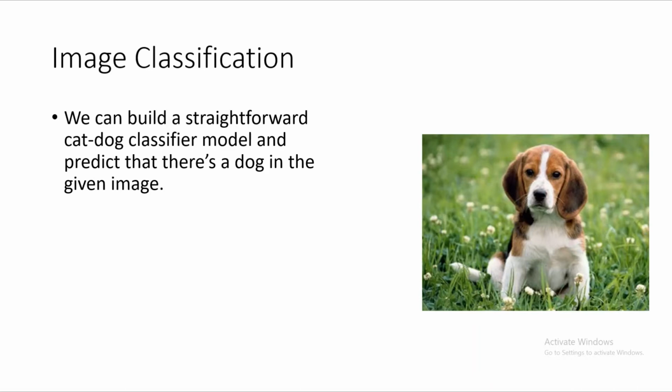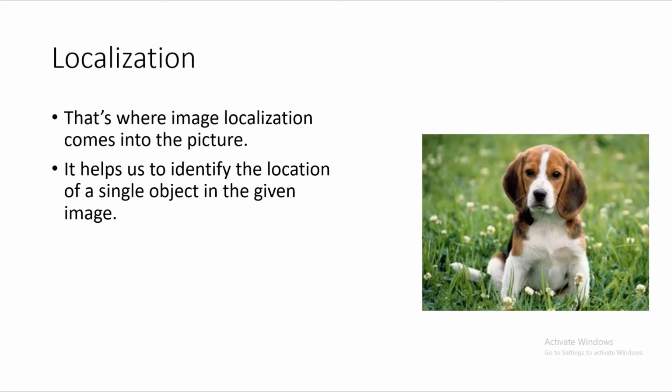We know the image classification task is to take a look at the picture and say whether there is a dog or not. Here we can see a simple example of classifying a dog, and classification with localization means we have to label the dog, but also put a bounding box or draw a rectangle around the position of the dog in the image.